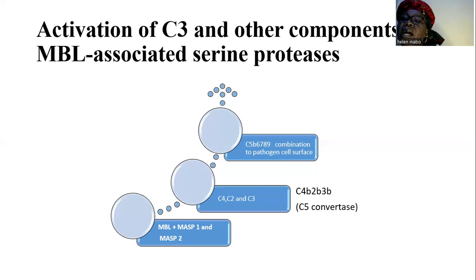These will now activate the C5 component, which is cleaved into C5a and C5b. C5b will combine with the immune complex, followed rapidly by C6, C7, C8, C9, and these lead to opsonization of the pathogen.